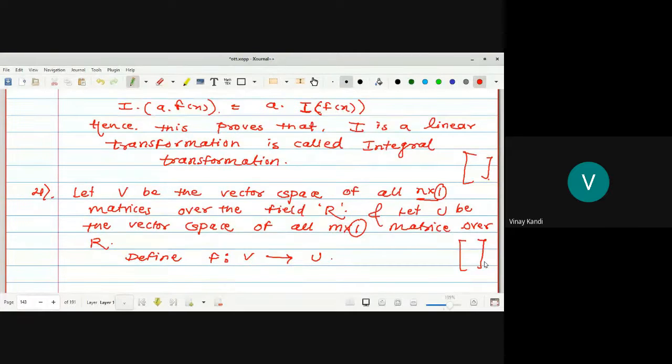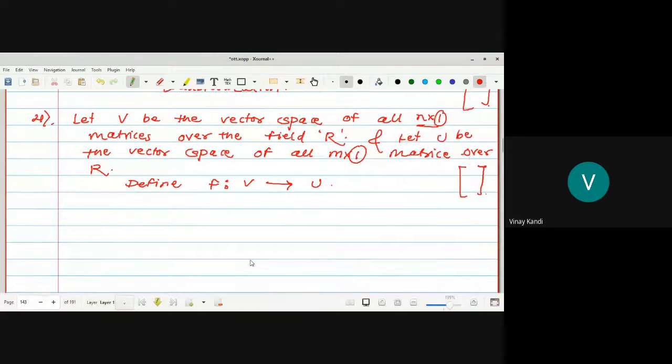Now define a mapping f from V to U such that f of x, suppose that the column vector is x, is equal to A into x for all x belonging to V. What is A here?